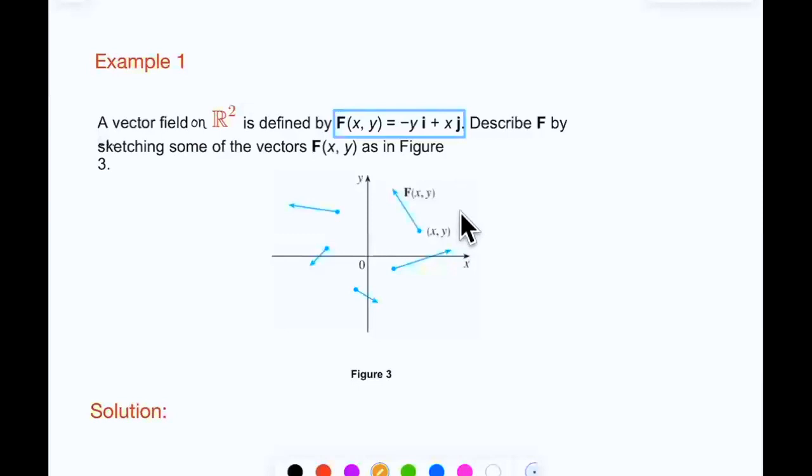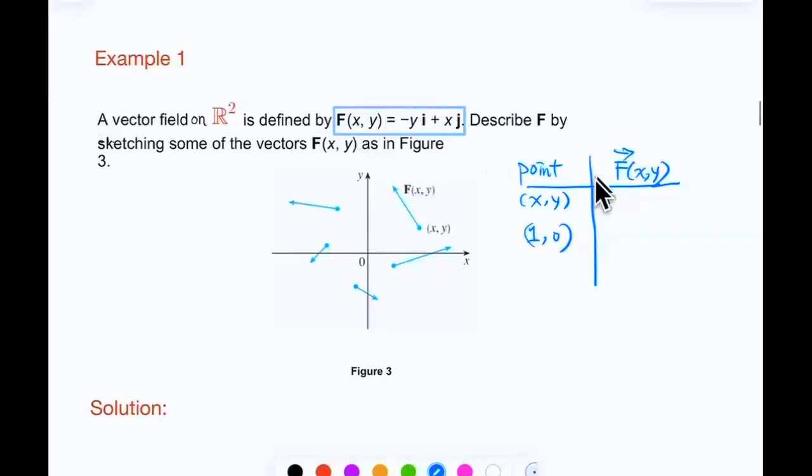Any idea? You can just make a table and put in the x and y, right? And then you will get the vector. For example, I can make a table, and then I have the vector. Think about the point here is (1, 0). What will be the vector?